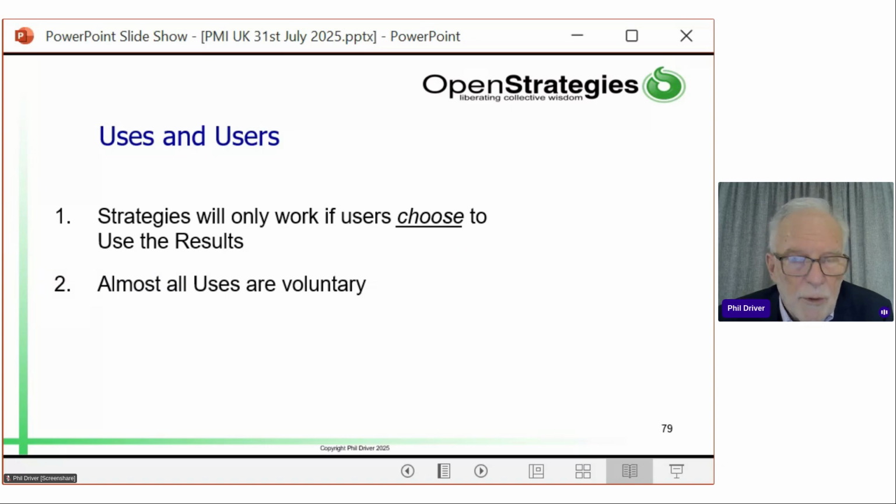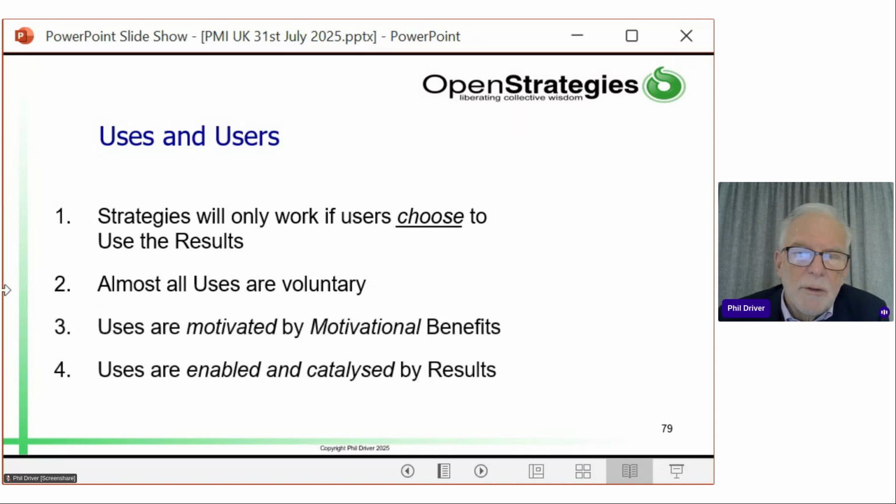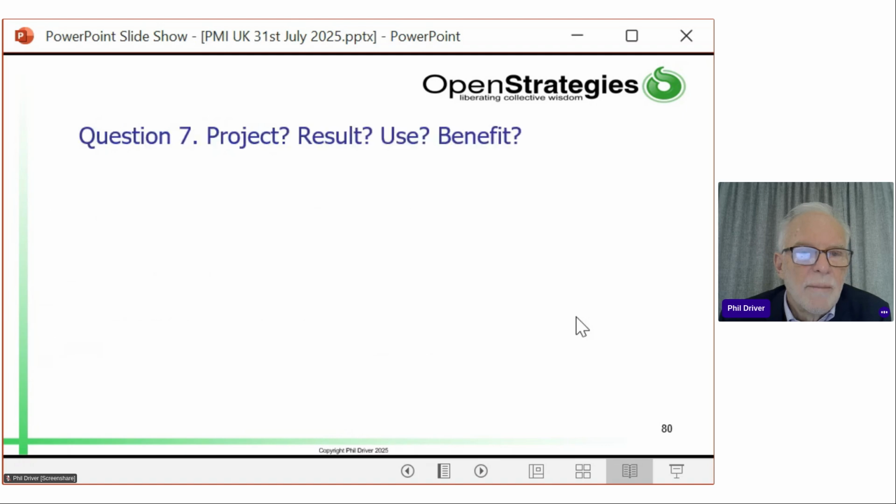But when I'm working with a lot of people, I have to use that more general language. As I said, users are motivated by motivational benefits, and users are enabled and catalyzed. So the words we have to get used to using are motivated, enabled, and catalyzed. I won't go into catalyzed in this presentation. That can be part of a further discussion.